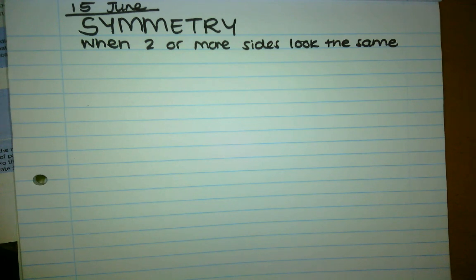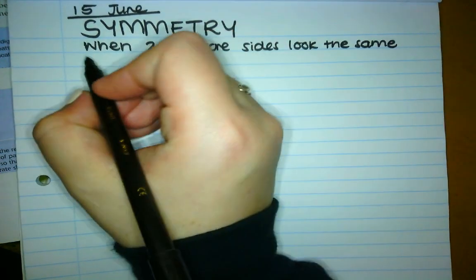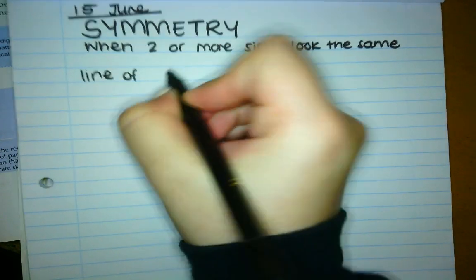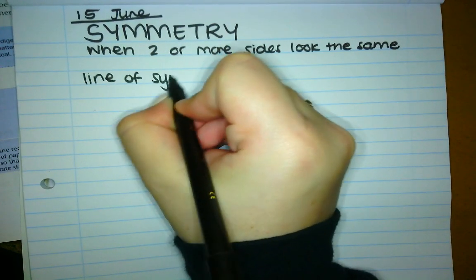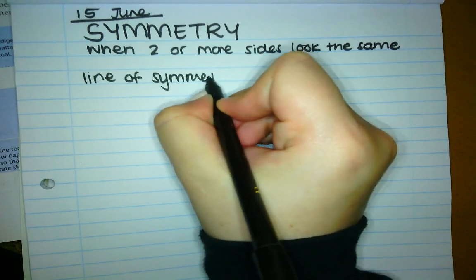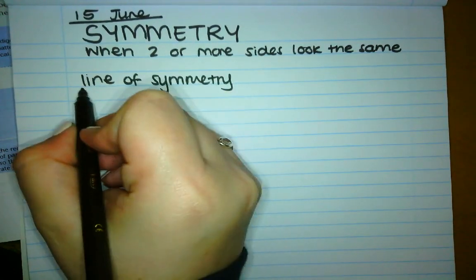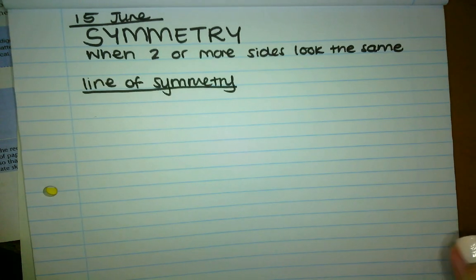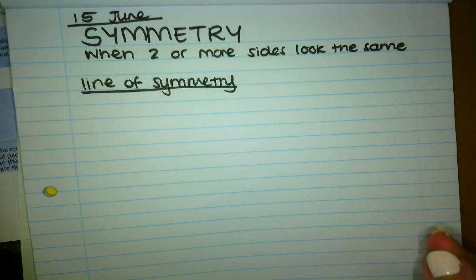Symmetry is when there are two or more sides that look exactly the same. And then we've got the line of symmetry. Okay, and Jihad, tell me what you said earlier. Perfect.